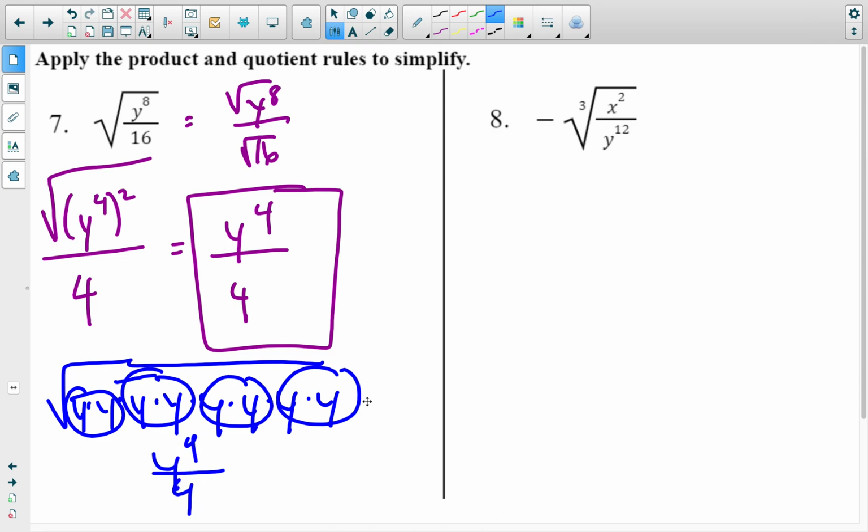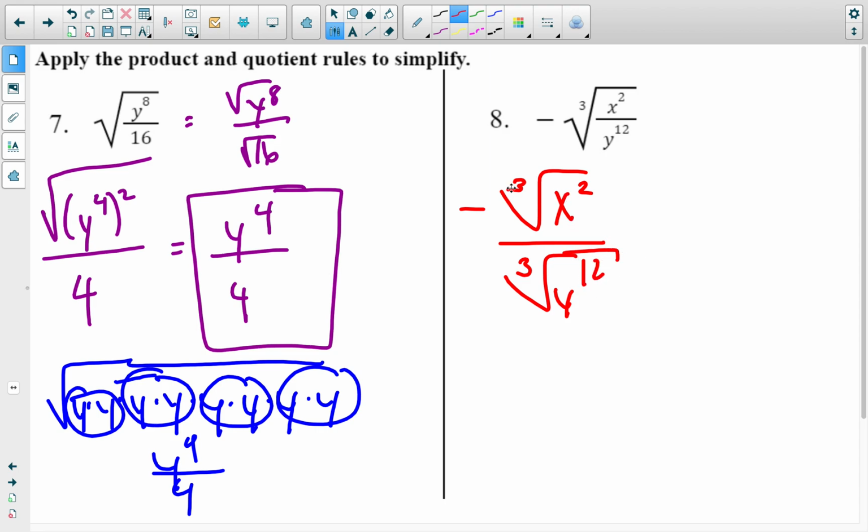No radical. Okay. Here, let's be careful with our sign out front. It's just going to carry through. All right. And so notice how 3 and 2, that x squared, that's a smaller exponent than the 3, so we actually can't do anything with that x.